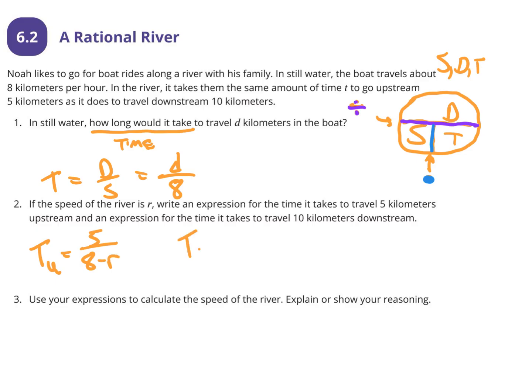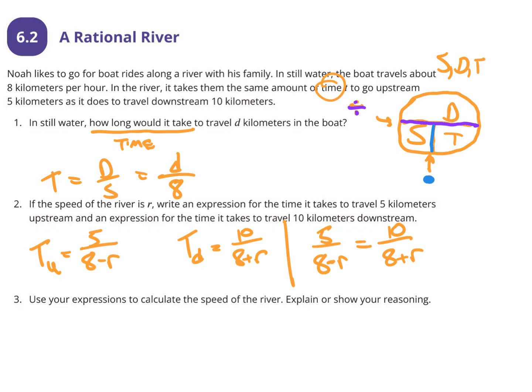And then time downstream is 10 over 8 plus the current of the river, because you're going downstream. They tell us that it takes the same amount of time to go upstream as it does downstream. So if we set these equal to one another, then we can solve for r and figure out how fast the river is going.